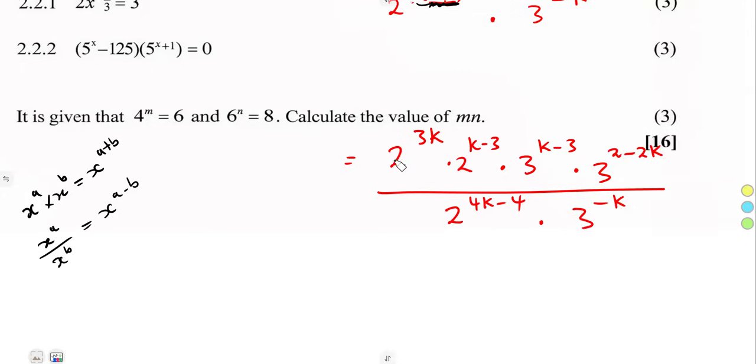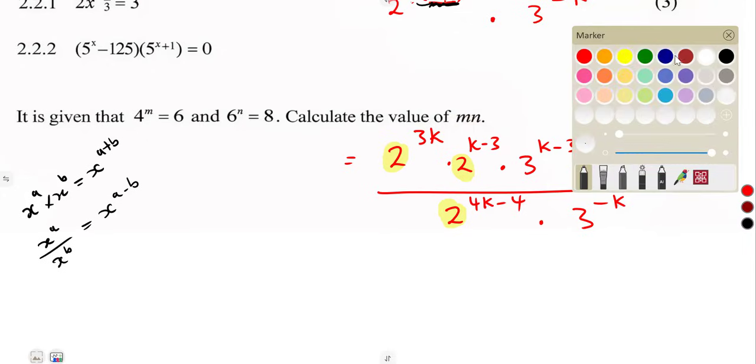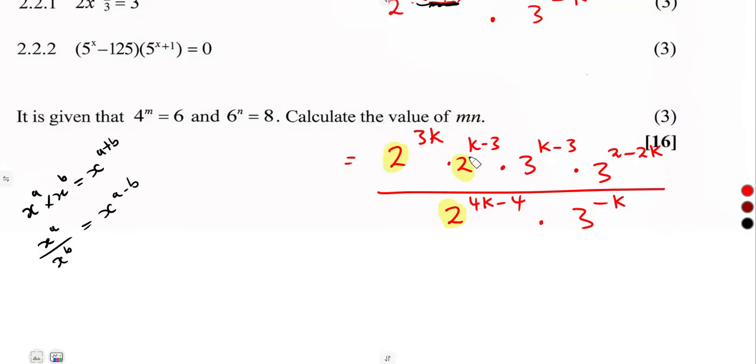We have 2 here, we have got 2 here. These are under a product in the numerator. But there's another 2 here in the denominator. So the ones in the numerator, we add the exponents because we are multiplying same bases.